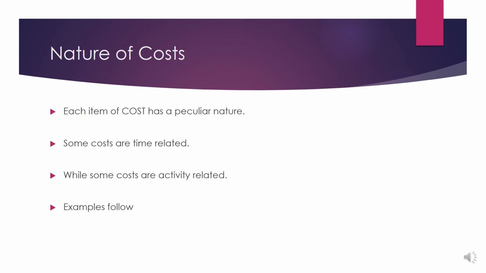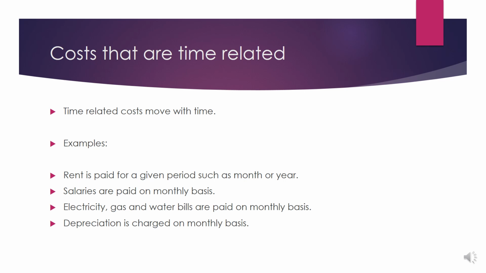If you increase production in the factory, these cost items will also increase. If you reduce production activity in factory, these items will also reduce. So they increase or decrease in relation to level of activity in any organization.